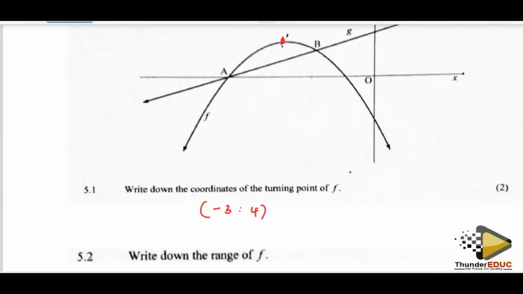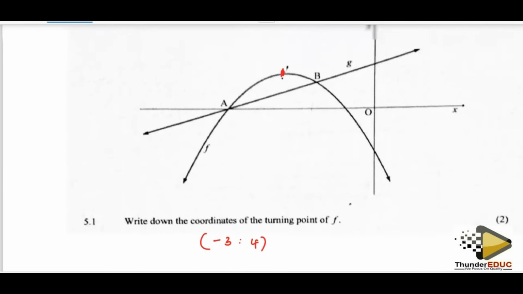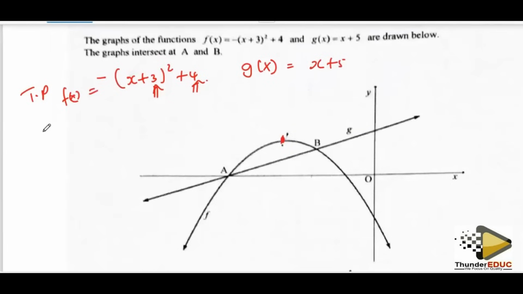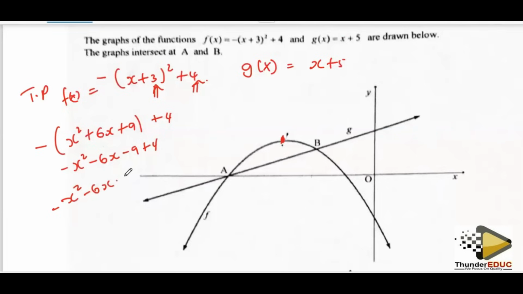If this is hard to notice, you can still open it up using FOIL, so that it's x² + 6x + 9, then plus 4. When you introduce the negative, it's -x² - 6x - 9 + 4, that's -x² - 6x - 5.